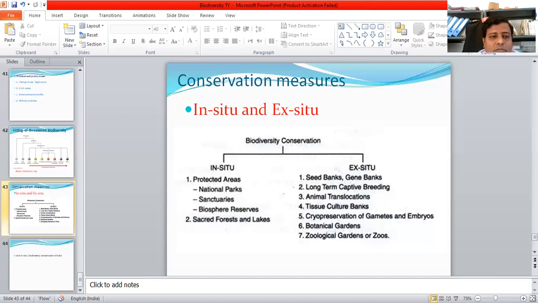Another type is the biosphere reserve. It is a special category of protected area where the human population also forms a part of the system. These are largely protected areas, usually more than 5,000 square kilometers. A biosphere reserve has three parts: core, buffer, and transition zone. The core zone is the inner zone that is undisturbed and legally protected.